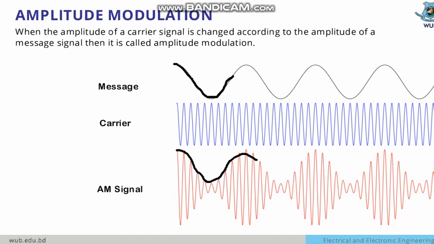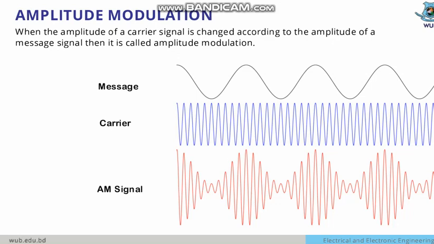It follows the curve of the message signal, and the internal signal is totally governed by the carrier signal. This kind of high frequency signal is not easily affected by noise, and it can easily be transmitted from transmitter to receiver.